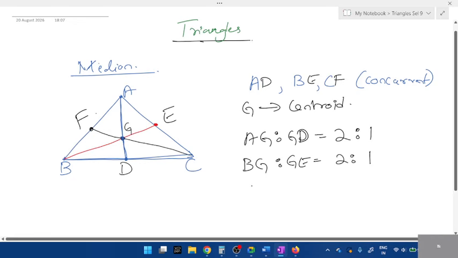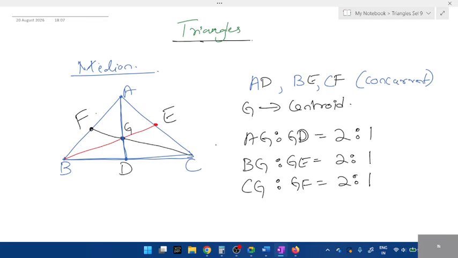Next, tell me the next median, students. CG to GF. The ratio is 2 to 1. Make a note of this, write median and all this. G is the centroid where all three meet.